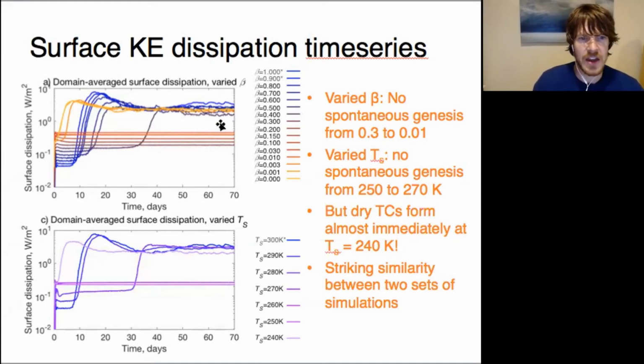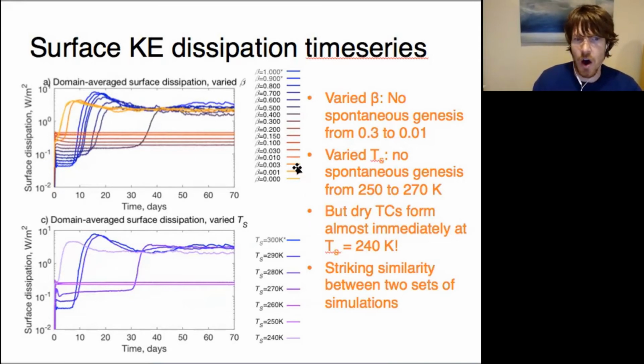And then nothing happens. These simulations just flatline with no large scale organization, no persistent vortices, for beta equals 0.3 down to 0.01. And then on the other side, at 0.003, 0.001, and beta equals 0, the completely dry limit, you end up with formation of dry hurricanes.